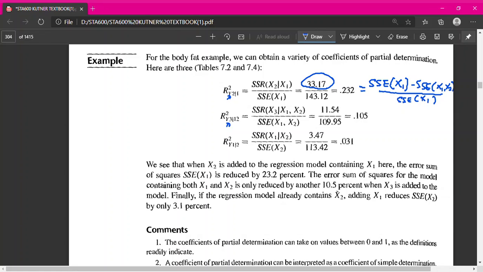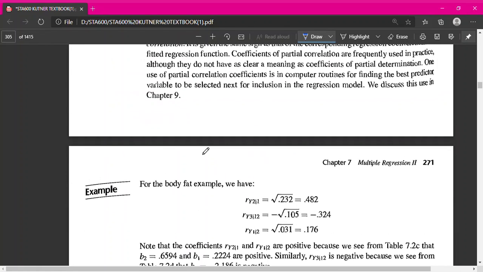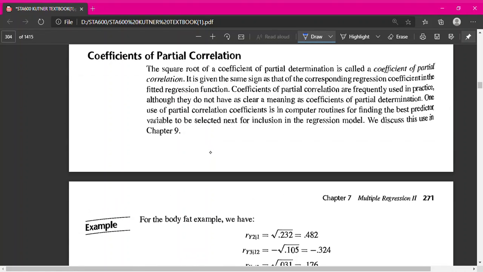Alright? Okay, and then the other part adalah continuation daripada partial determination. We also can find the partial correlation, coefficient of the partial correlation, which is the value of R. Okay, the value of R. So, macam sebelum ni juga, untuk dapatkan nilai R, we can square root the value of R square.